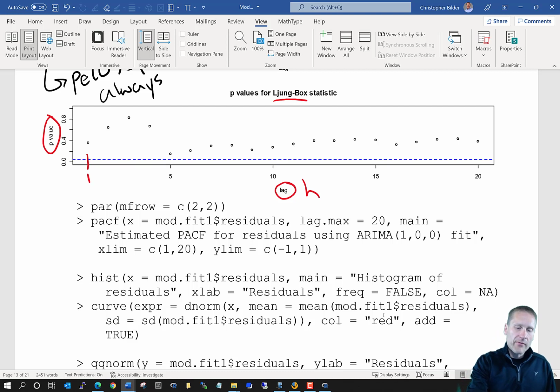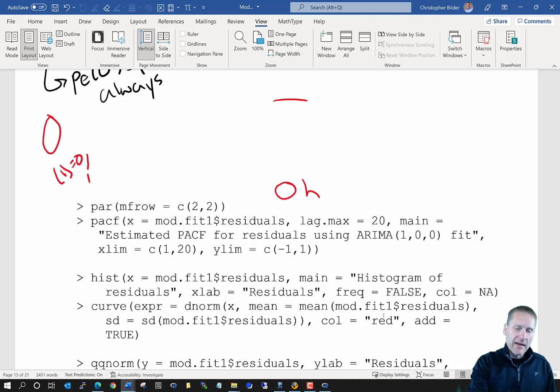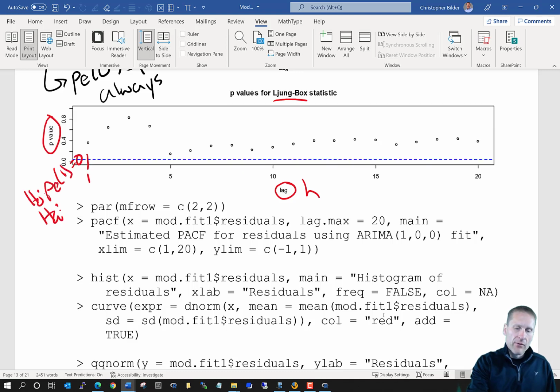This is lag 1. This is simply doing the hypothesis test of rho of E1: is that equal to 0 versus not equal to 0? We have a p-value of about 0.4, indicating that there's not sufficient evidence of non-zero correlation, which is what we want.